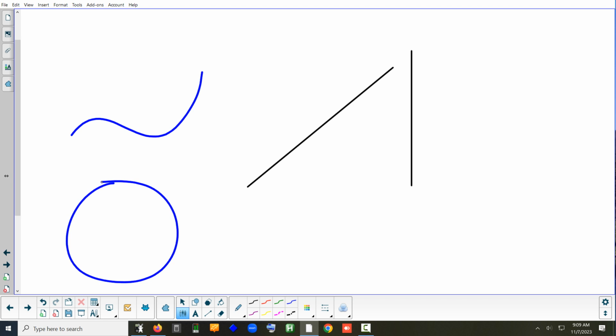Is it a function? No, it's not a function because it fails the vertical line test. Is it linear? Well, no, it's not linear either because it's not a straight line. So that's two different questions, asking whether or not something is linear versus whether it's a function. A function just has to pass the vertical line test. Linear means it has to be straight.